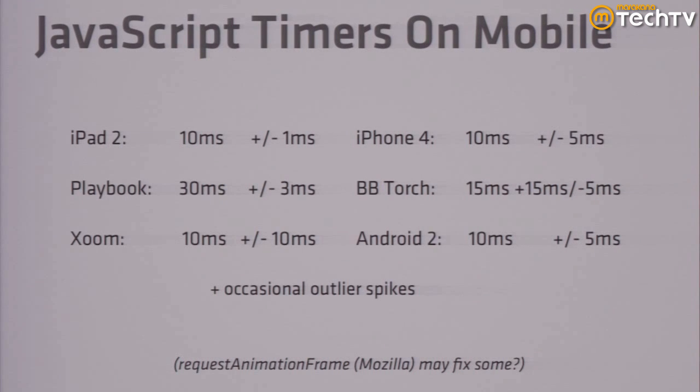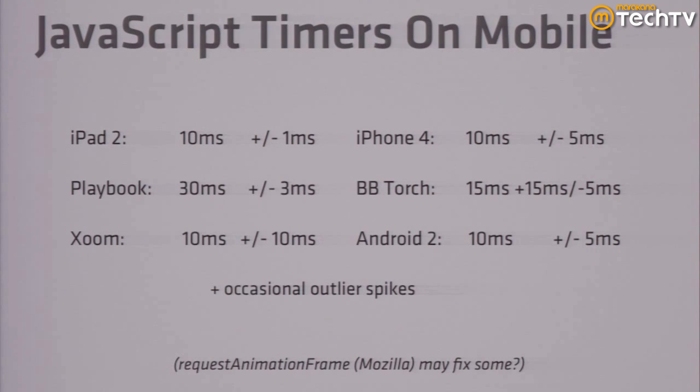The iPhone 4 is not as good: 10 milliseconds, but with a big band of plus or minus 5 milliseconds. On the PlayBook, the setTimeout or setInterval time is 30 milliseconds, plus or minus 3 milliseconds. So if you're trying to run an animation using that, you can get lower frame rates, and then occasionally you'll get spikes where your animation just jumps to where it should be because it hasn't been updated smoothly.